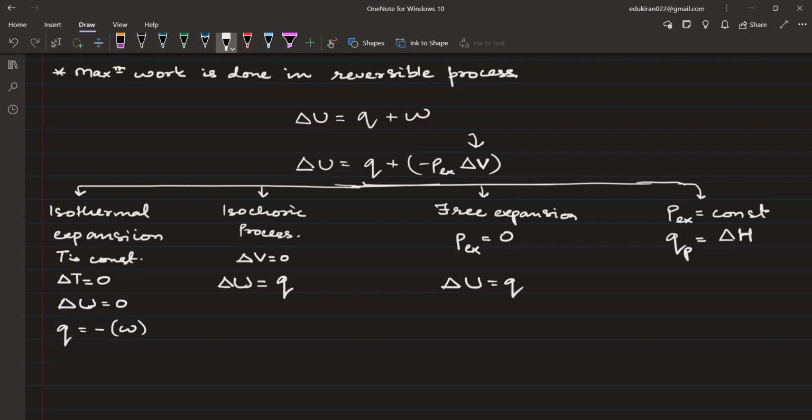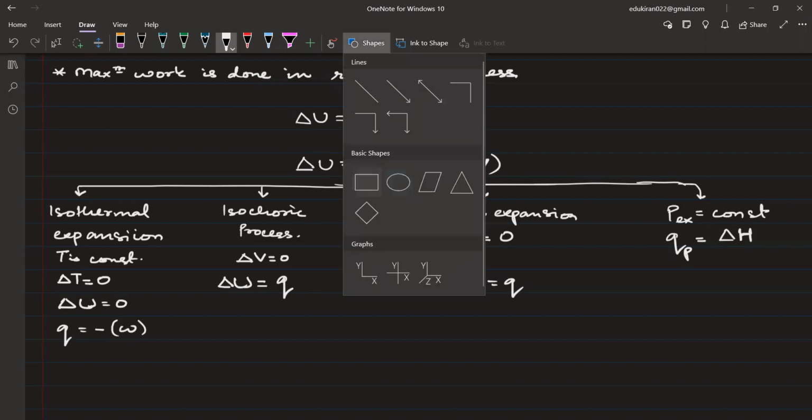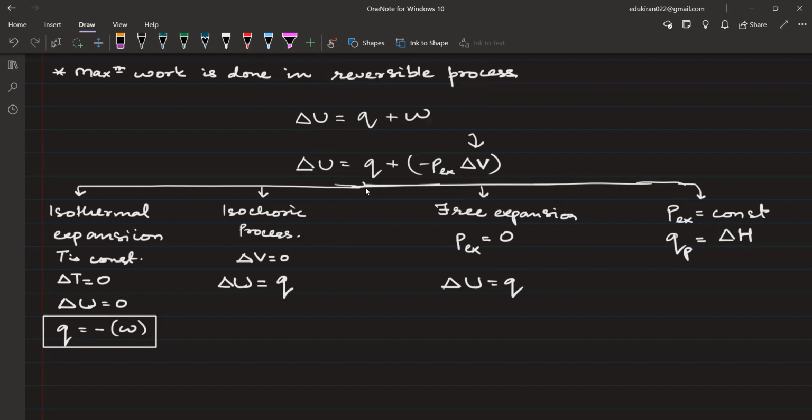When P external is equal to constant, whatever heat change happens here, we call that as delta H, change in enthalpy. अब ये देखेंगे what is delta H. ठीक है, write these things down. These are important results. ठीक है, इसको प्लीज याद रखिएगा.